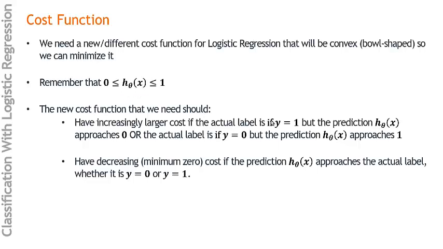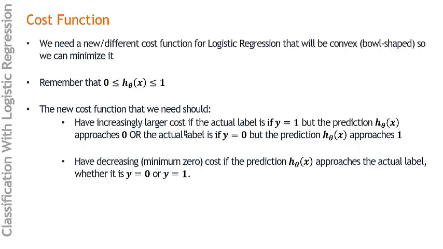Now if the actual label is 1, but the probability that the model gives you is 0, that should have a large cost. That means that your model is not giving you a probability that reflects reality.